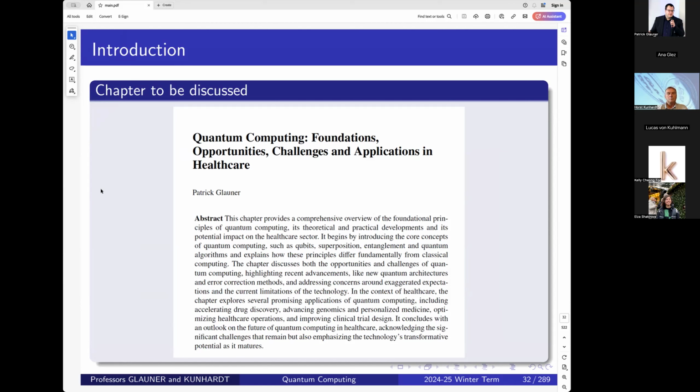The healthcare part is probably just 1 or 2 pages, so it's more an introduction to quantum computing. On about 10 pages, I describe the essence of quantum computing, some of the maths, some opportunities, challenges, foundations. We'll look into all of this in this course. So if you want to have a good preparation for this course, maybe read these 2 book chapters, and then step by step, we will explore all of this in the coming weeks.